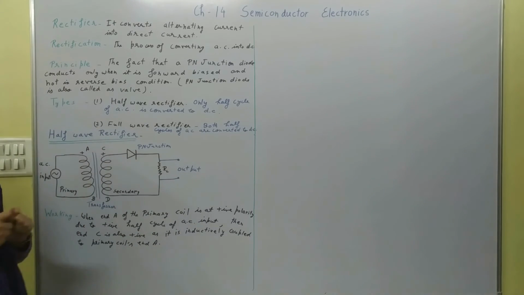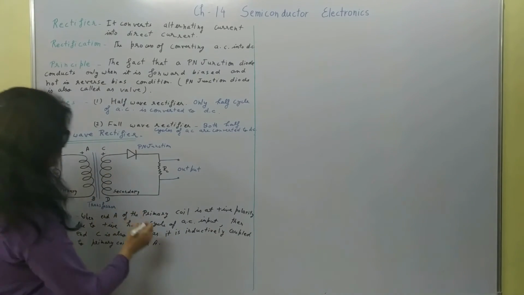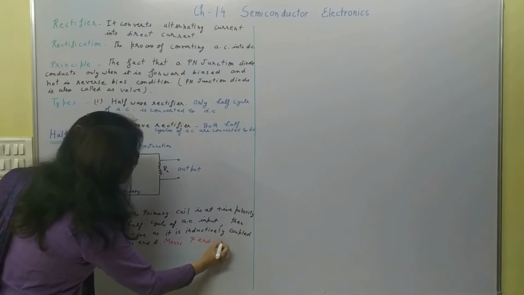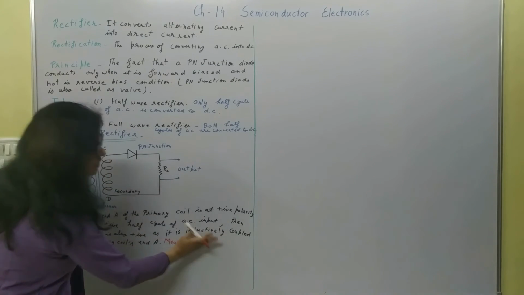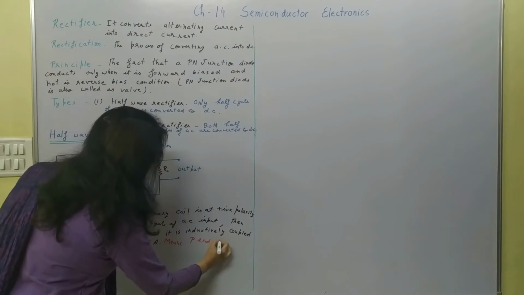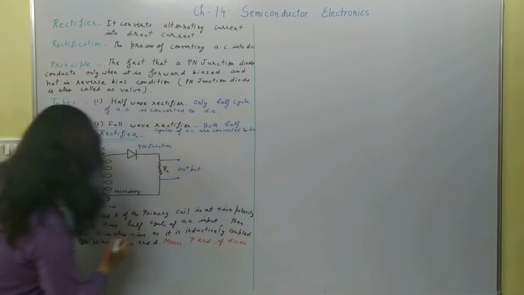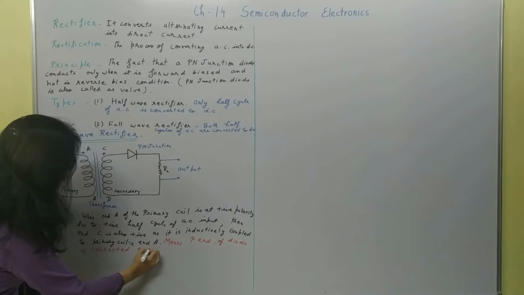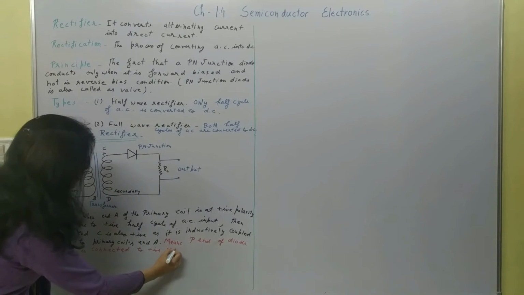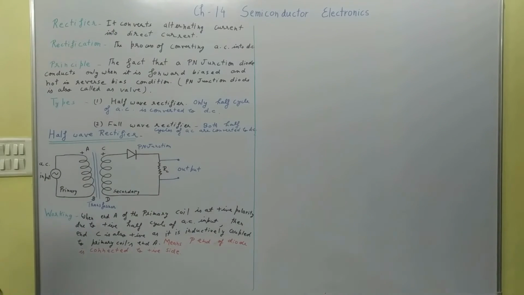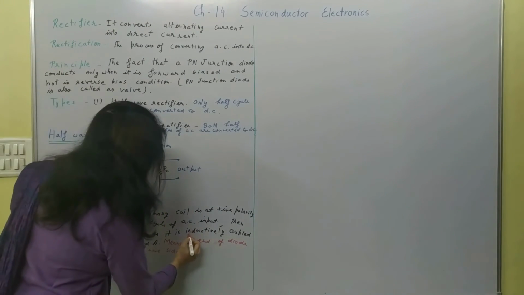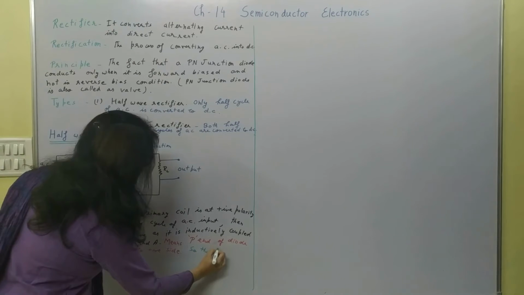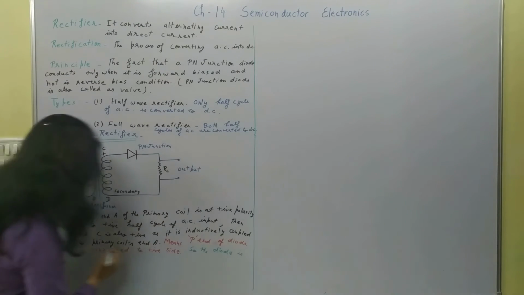So we can say that the P side of the diode is connected to the positive side. So the diode is forward biased.